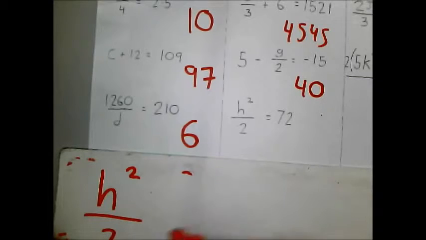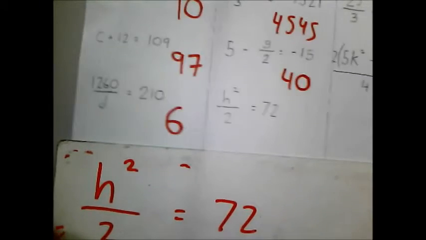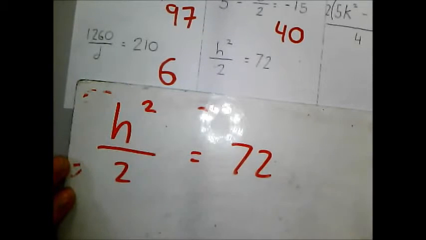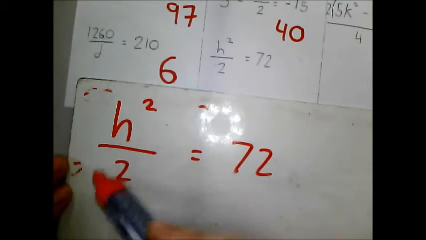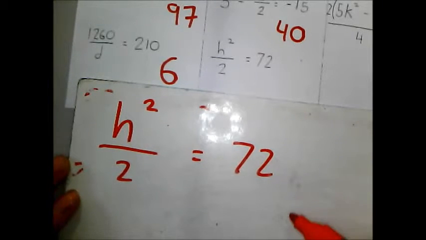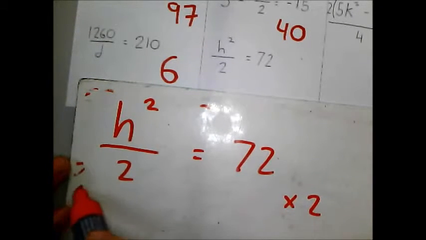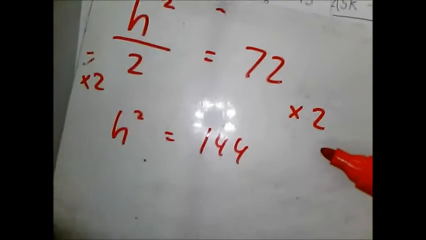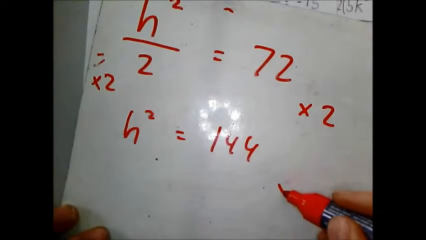Okay, next question. h squared divided by 2 equals 72. Now at the moment I can't square root both sides, otherwise this divide by 2 will also get square rooted. So I'm going to get rid of this divide by 2 first by multiplying by 2. So you get h squared equals 144.